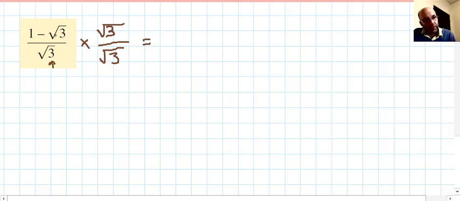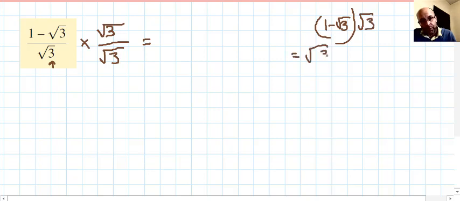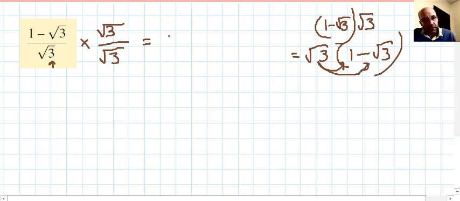Okay, so we have now on the numerator, in case you can't see it, what we really have is 1 minus root 3 all times by root 3. Or you could say root 3 out the front times 1 minus root 3. Just change the order around because it's multiplication, and we're going to use the distributive rule there, which you've done before. So that's going to be root 3 minus root 3 squared.